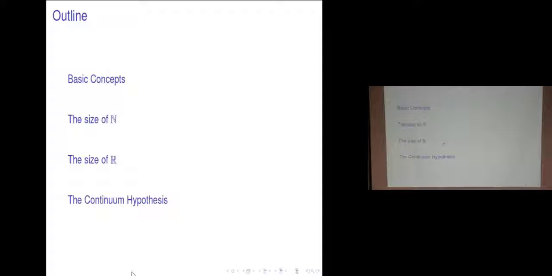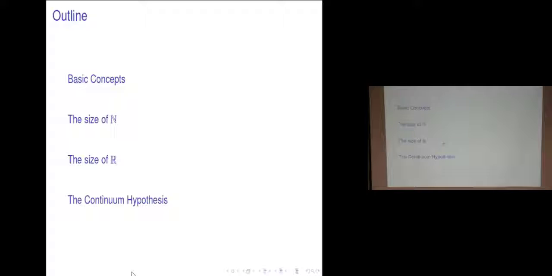After that, we'll mention something called the continuum hypothesis. The content is definitely beyond our syllabus, but I think it's quite nice to know. We don't need to know the details, just like a story. So this is the outline for today.